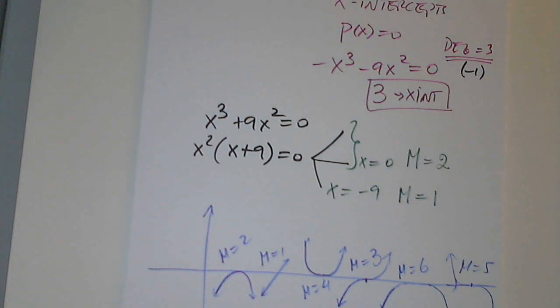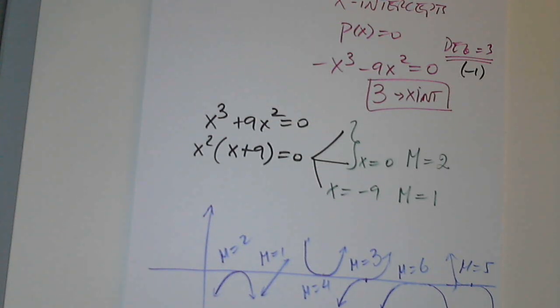But even multiplicity, like in this case, the function will not cross at 0, but it will cross at -9. At 0, we'll have a turn. It will be this kind of turn, either from above or from below. A short turn or a fast turn, not a slow turn. It will be a fast turn because multiplicity is 2.